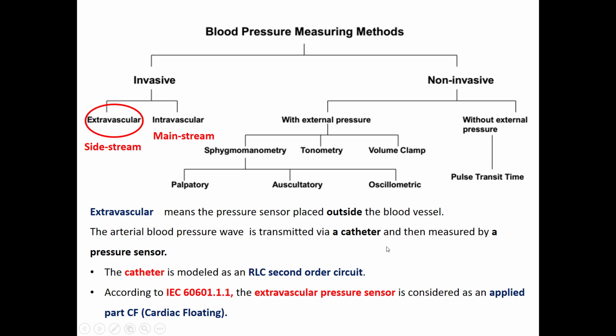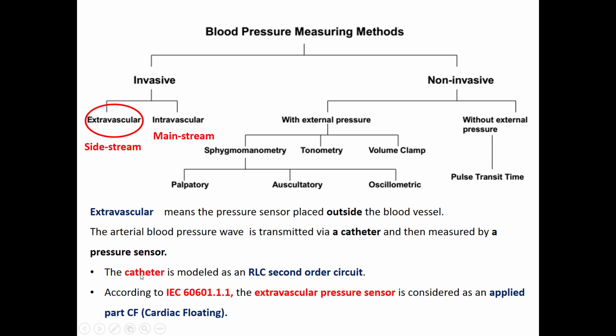Then we measure this after the catheter receives the blood pressure wave. We measure it by a pressure sensor. The pressure sensor will be a Wheatstone bridge, which is made of 4 strain gauges. The catheter is modeled as an RLC circuit, and we will see that later.